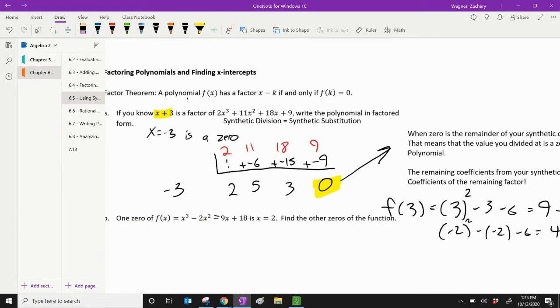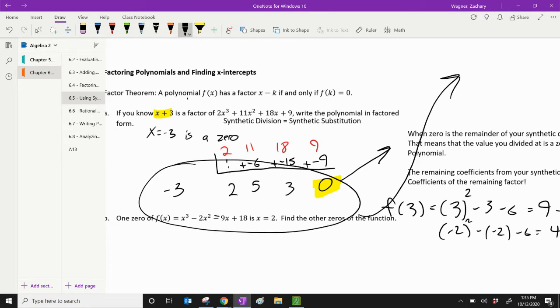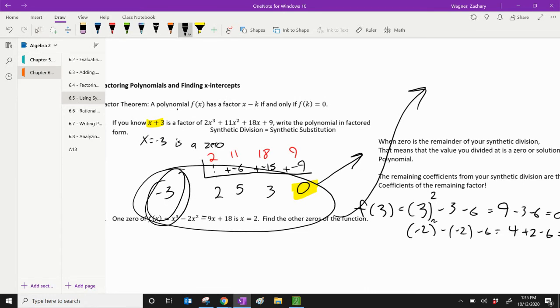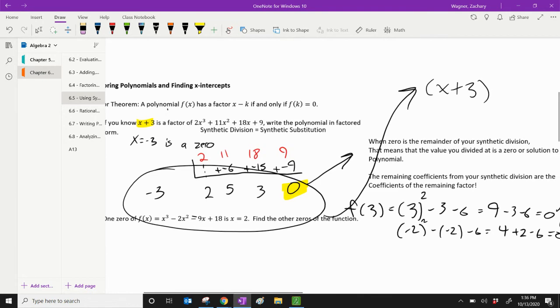I'm going to show you this. I'm going to pick this whole problem and pull it up here. Right, the 0 tells us that negative 3 is a solution. Right, if you plug in negative 3, you get 0. That's what it means. So x plus 3 is that factor. We pulled it out. And this is what's left.